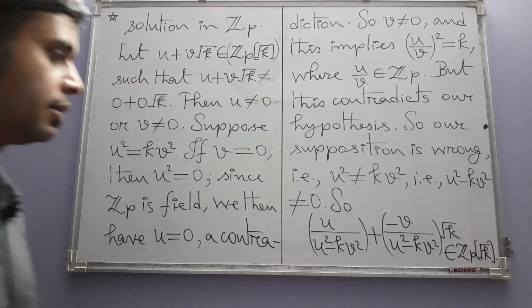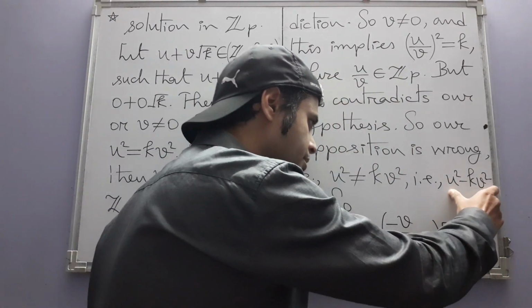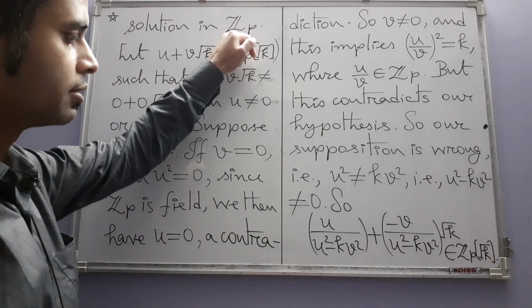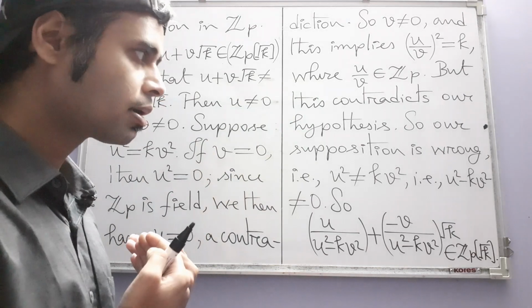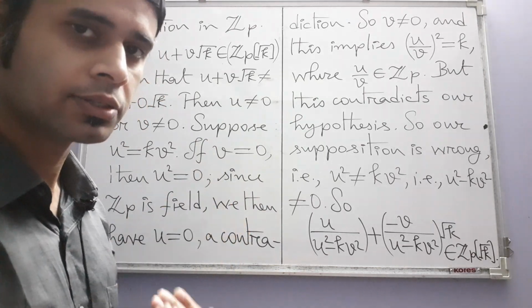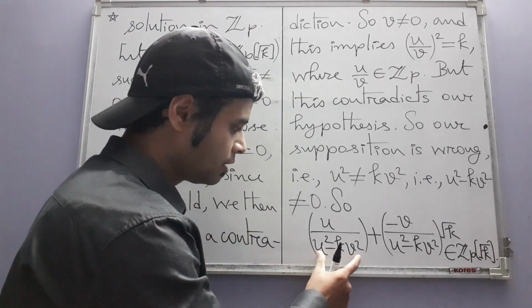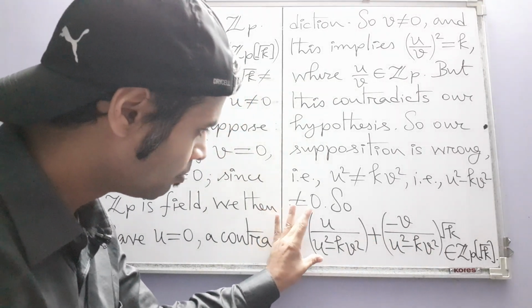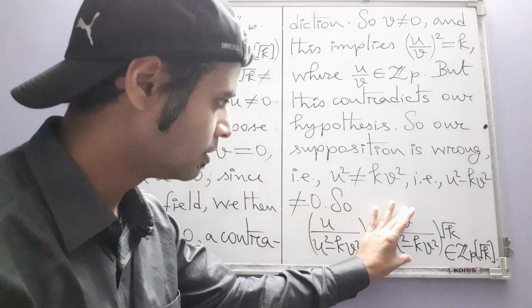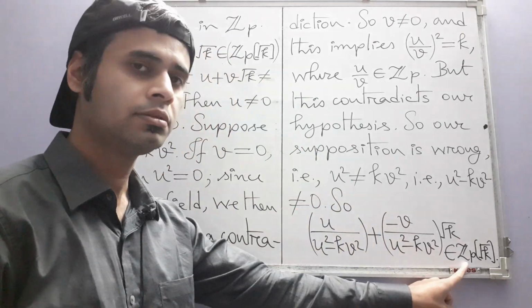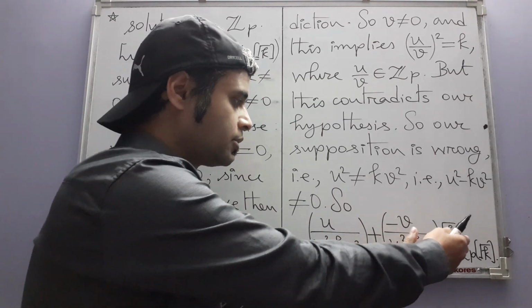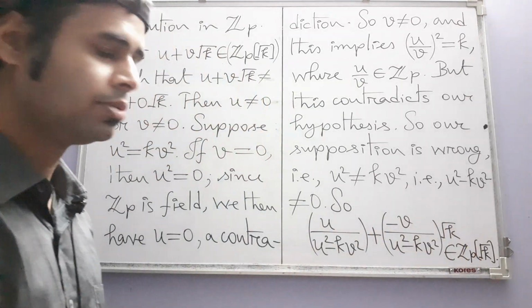Let us again see carefully. This is a non-zero element in this field, so its reciprocal or multiplicative inverse exists, and that is why we can consider it in the denominator, and which makes this and this elements in ZP, and that is why this entire abstract symbol is again a symbol in ZP root k.